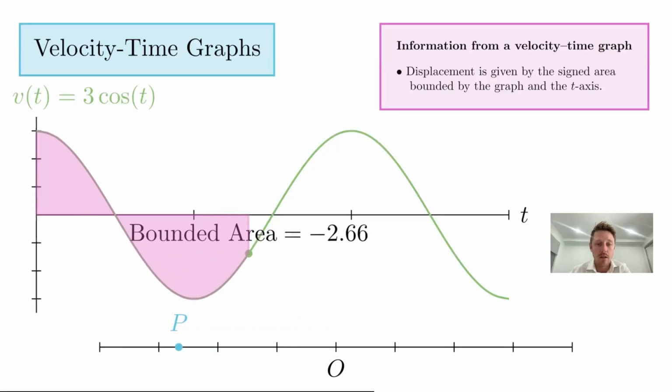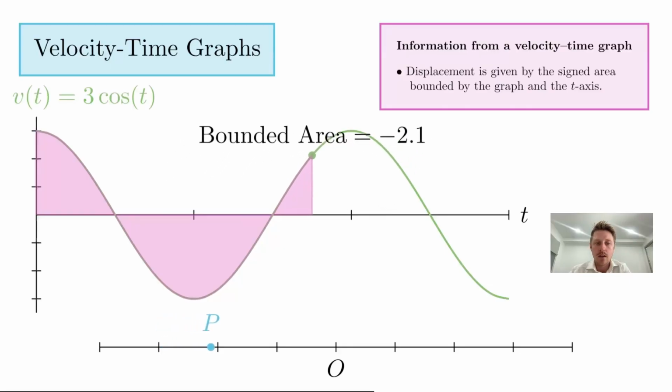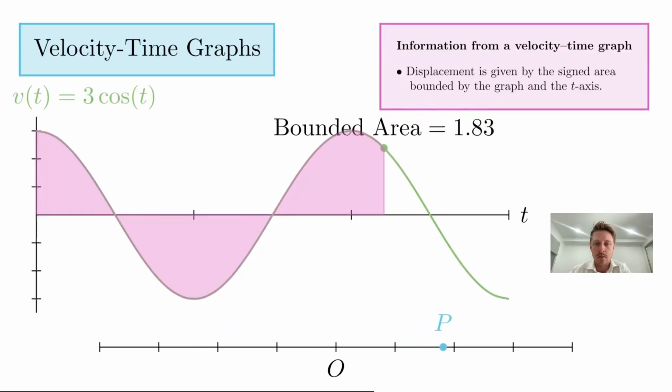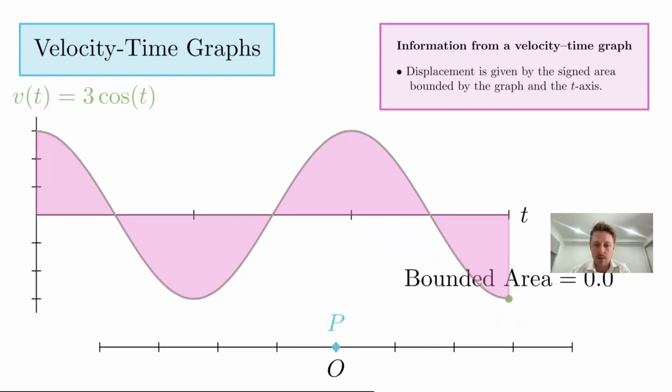And then the bounded area becomes -3. And then back to 0, +3, and back to 0. So you can see that the bounded area tracks our displacement, which is kind of interesting, right? If you're really interested, each section here is 3, so it has an area of 3.